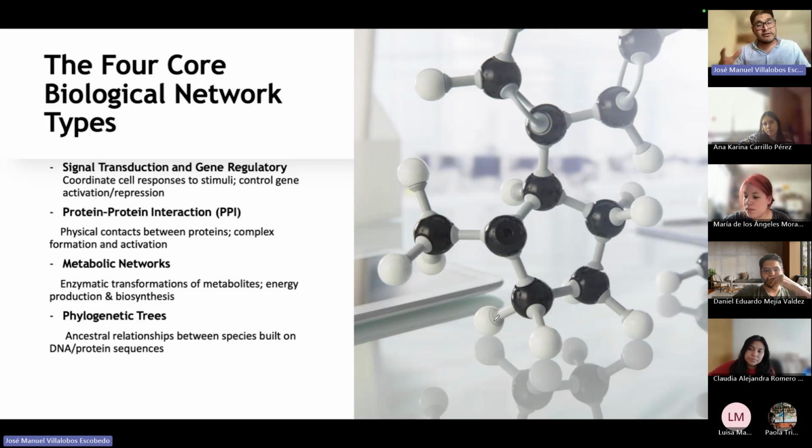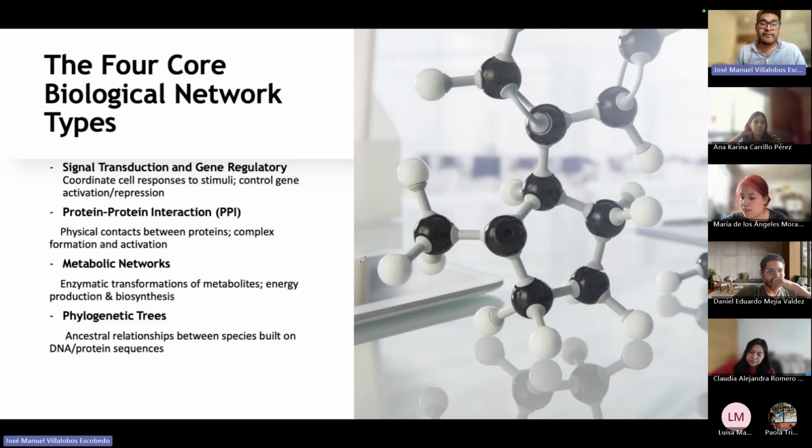So there are many interactions that are important for many functions, and we can understand these interactions by creating this kind of plot, protein-protein interaction. We know that they are together, and we can put in a graph the different nodes and the edges, you know. Another network that is very common is metabolic networks, which talk about enzymatic transformation of metabolites, energy production, and biosynthesis.